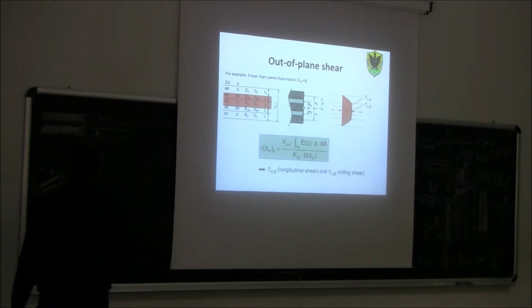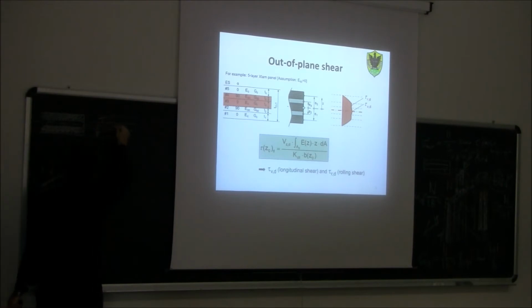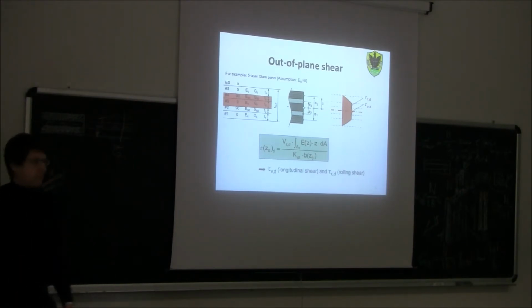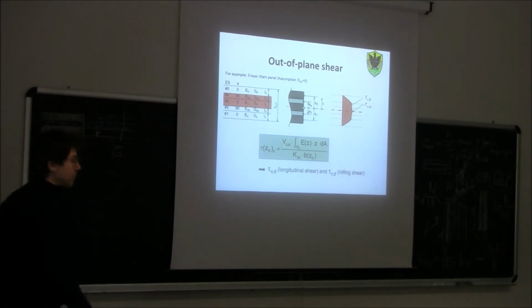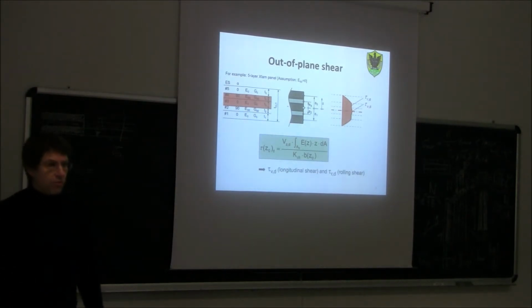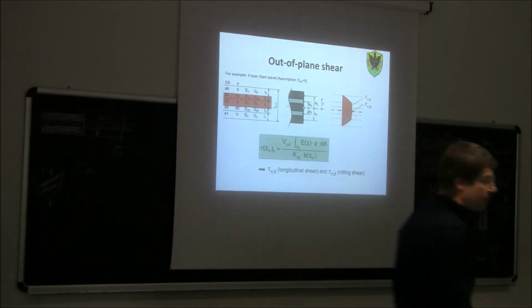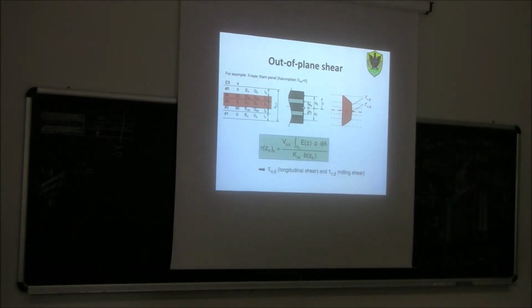Now I'm asking you, based on what you remember from mechanics of materials, how can I calculate the distribution of tau? So tau equals, we use the Jourawski equation. Do you remember the Jourawski equation by heart? I think you should after mechanics of structures, probably.